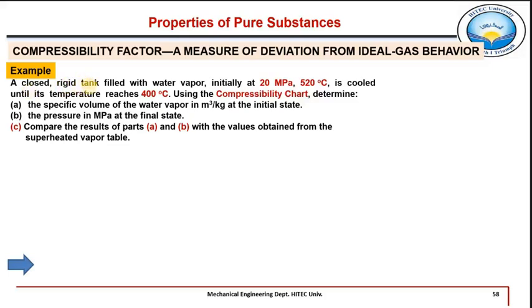So a closed rigid tank filled with water vapor, initially at 20 megapascal and 520 degrees Celsius. Let me show it on a diagram. For example, here is a tank, closed and rigid. In this tank, there is water vapor at a pressure of 20 megapascal and 520 degrees Celsius temperature.